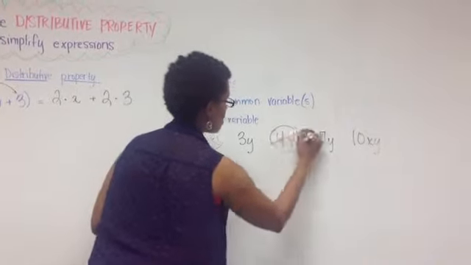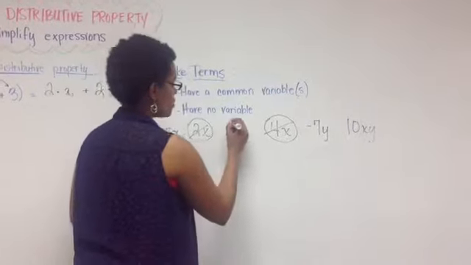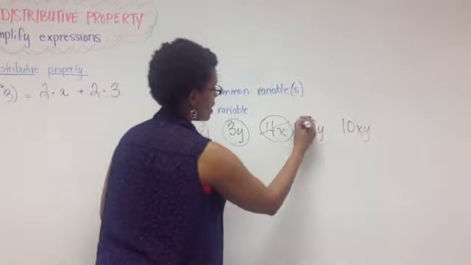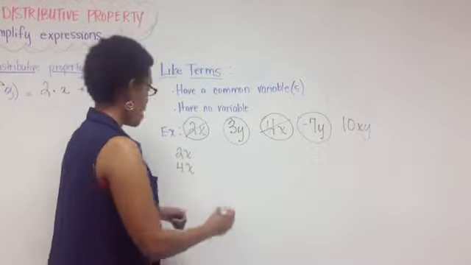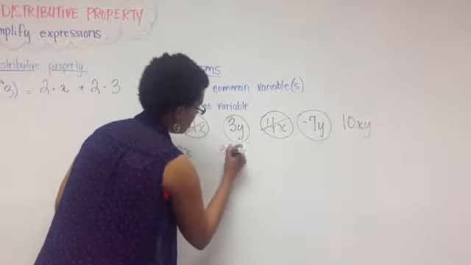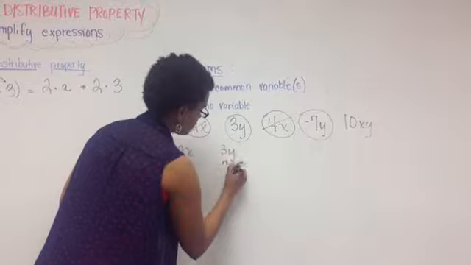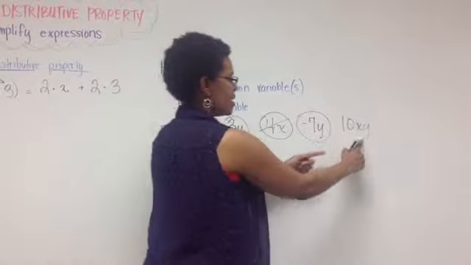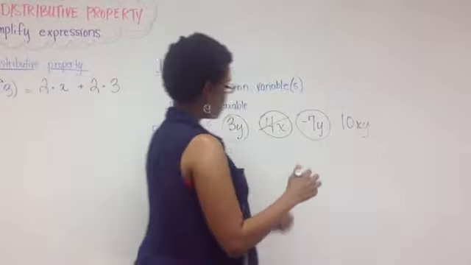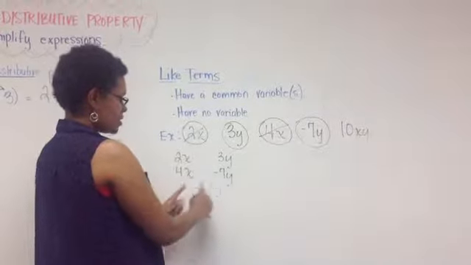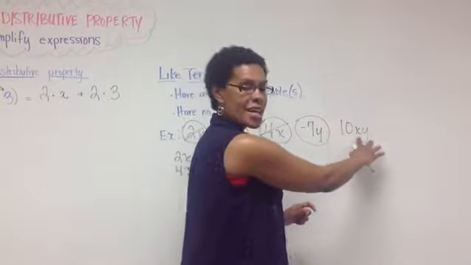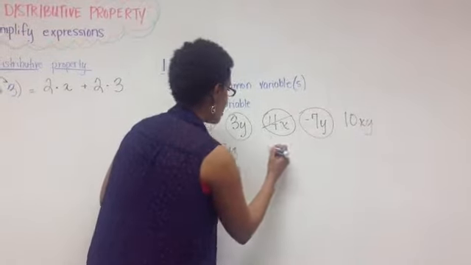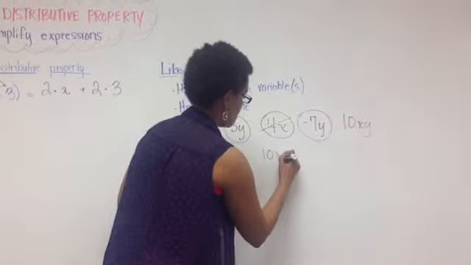Using them, I'm going to cross them out. 3y, negative 7y are alike because they both have the variable y. I can group them. 10xy cannot be grouped with the x's or the y's because it has both of those variables within that term. Therefore, it is not like any of the others.